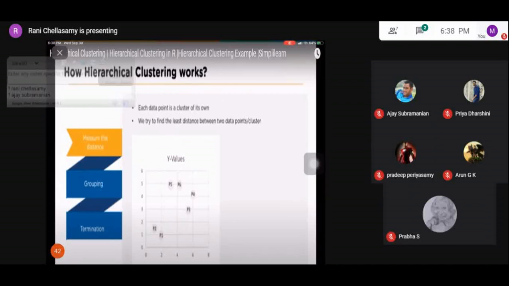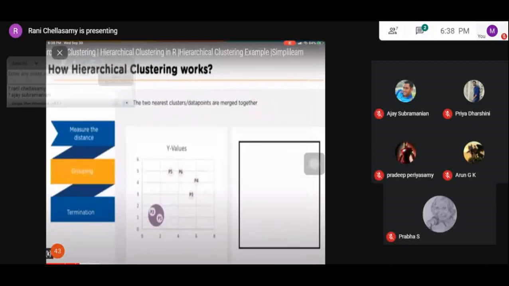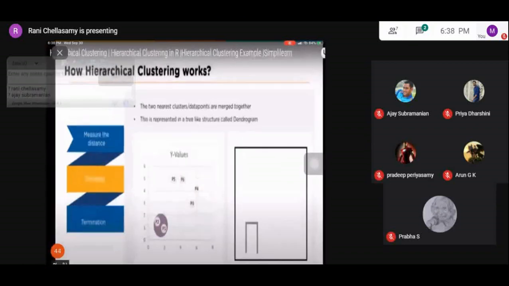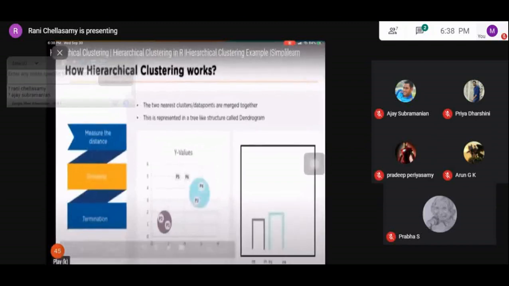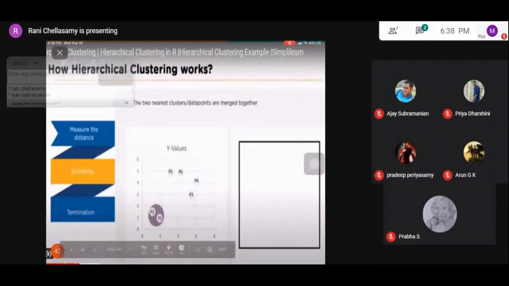Now we try to find the least distance between two clusters, or we can say two data points. Let's see P1 and P2. This pair has the minimum distance between two data points. So these are the two nearest data points, and they are merged together.